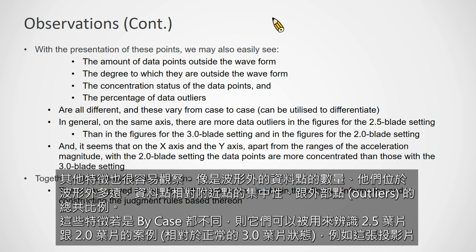And it seems that on the x-axis and the y-axis, apart from the ranges of the acceleration magnitude, with the 2 blade setting, the data points are more concentrated than those with the 3 blade setting. Together with the previous observations, these have paved the way for further processing to obtain the effective information and constructing the judgment rules based thereon.